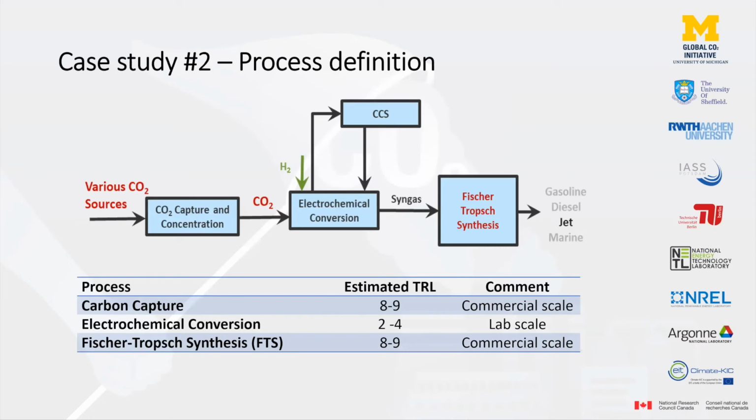This one is showing a process concept of using CO2 as the feedstock to make jet fuel. You can see that various CO2 sources have been considered. Then we use electrochemical conversion of CO2 to produce CO, combined with renewable hydrogen, and we can make a syngas. The syngas then goes through Fischer-Tropsch synthesis to make hydrocarbons.